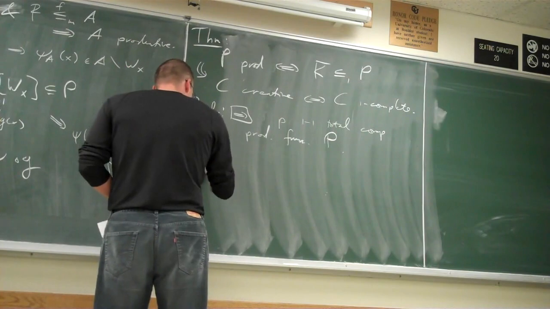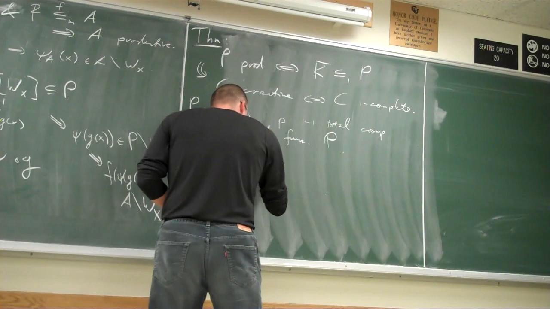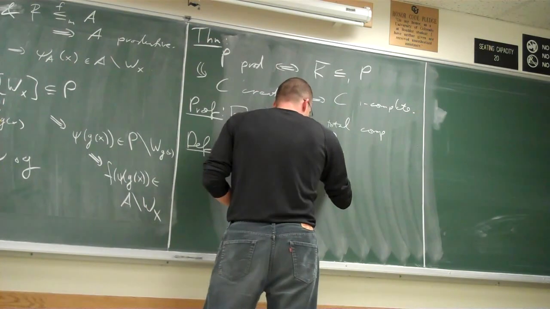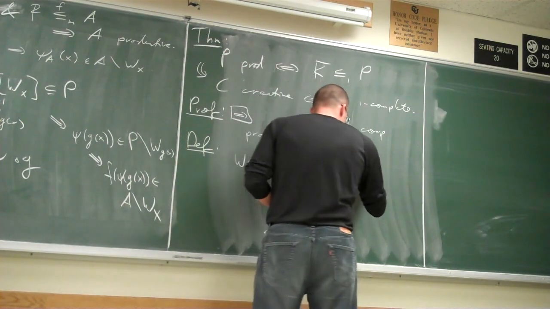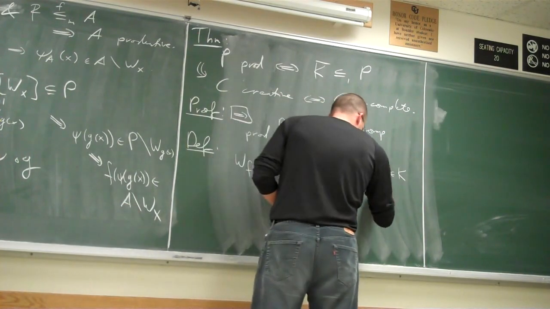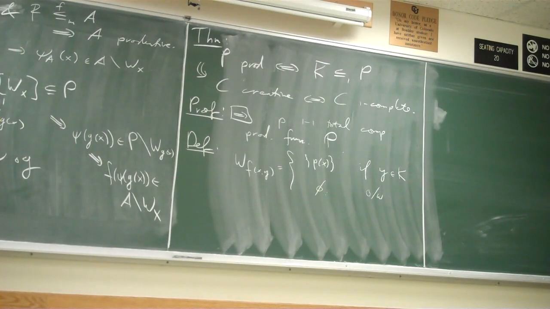Then using this, you can define W of f(x,y) to be the singleton of p of x if y is in K, and the empty set otherwise. And again, by now it's starting to become, I hope, a Pavlov reaction. You see case distinction. The case distinction is not computable. Right? Y in K is not computable, but that's okay because the other case is empty.